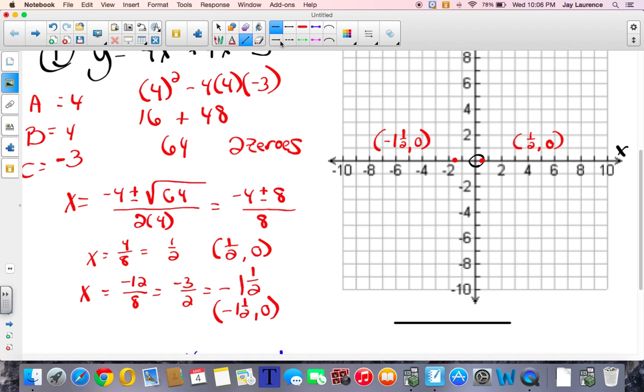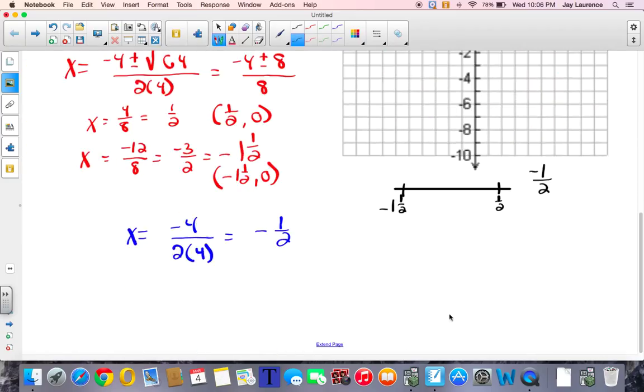You tell me. Add together, get -1. Divide by 2, get -1/2. Midpoint at -1/2. Coincidence? No coincidence.